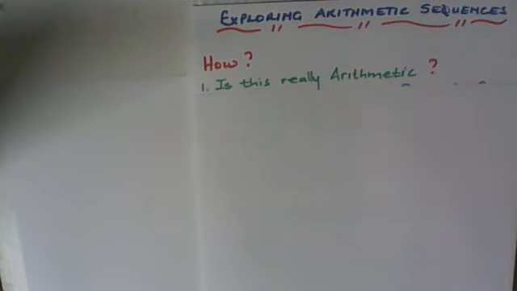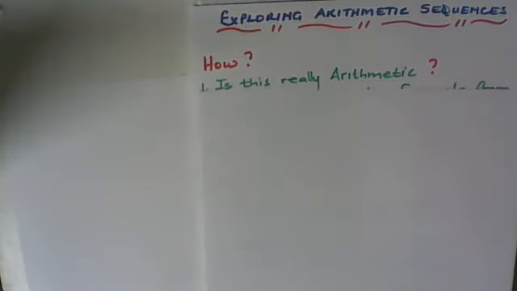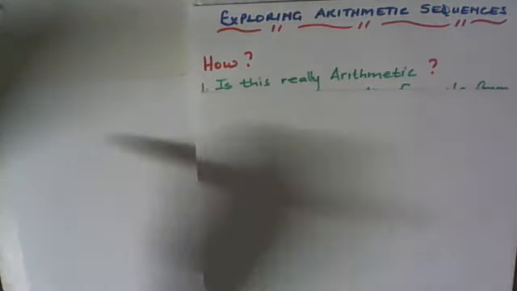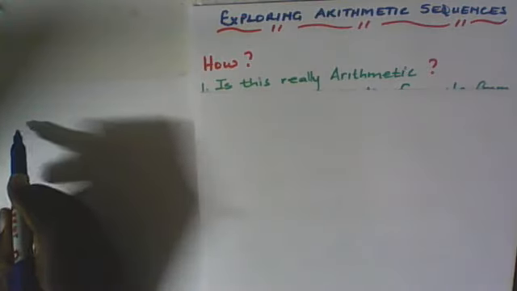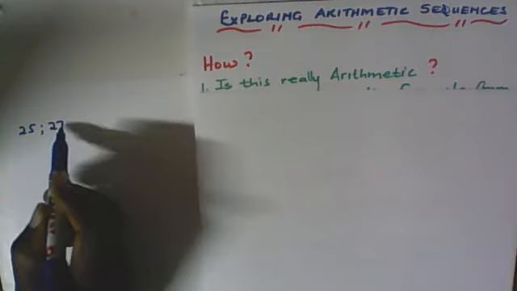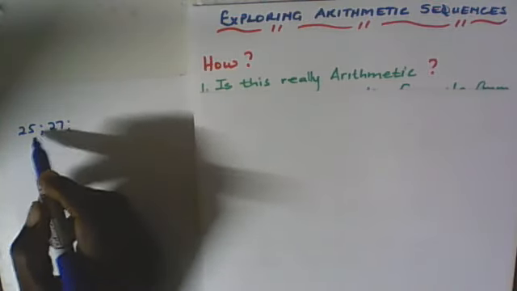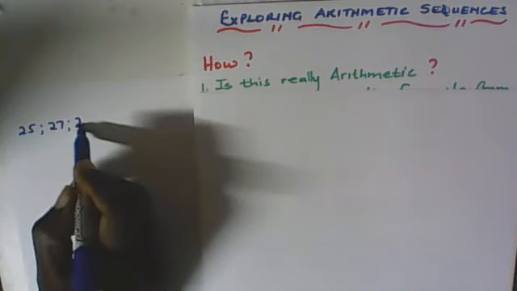Suppose we take a sequence like this, guys. Suppose we have 25, 27, and then 29.